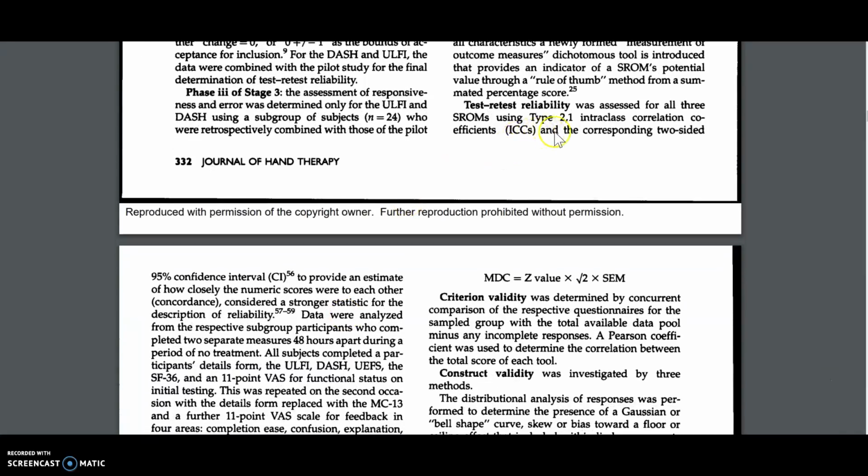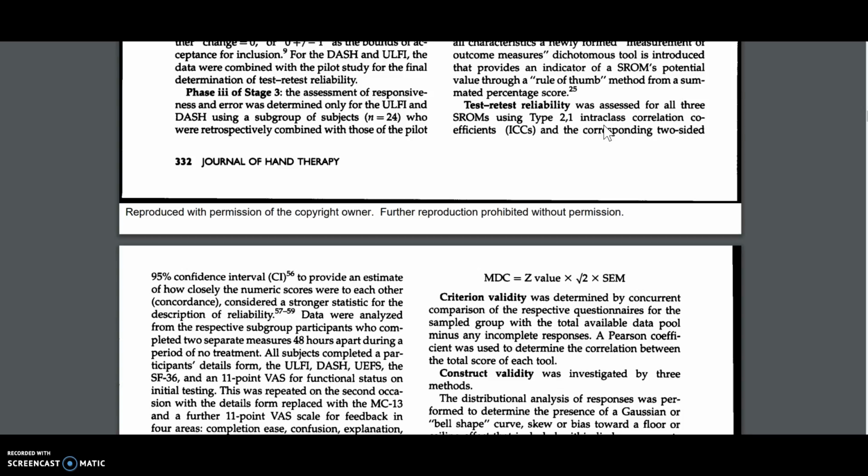So essentially here what they're saying is that in those phases where they were testing test retest reliability, the inferential statistic that they used was the intra-class correlation coefficient. Now you may ask, what is the intra-class correlation coefficient? It essentially assesses the reliability of ratings by comparing variability of different ratings of the same subject to the total variation across all ratings in all subjects.